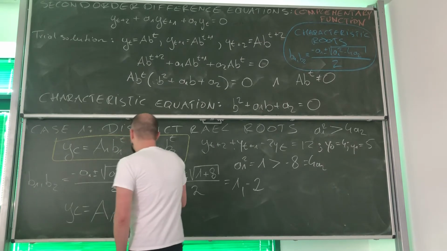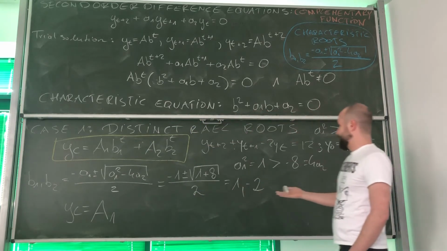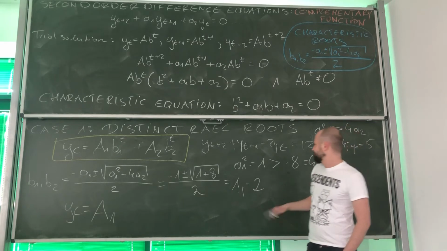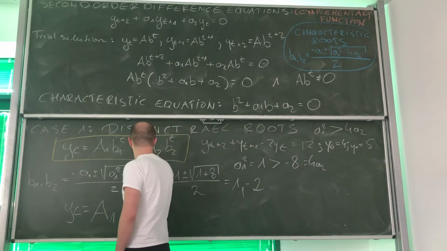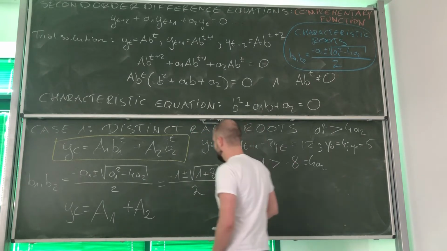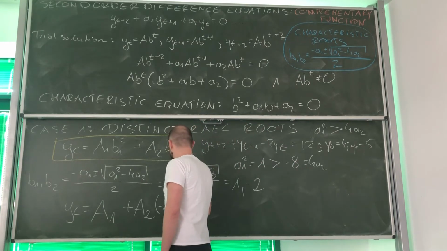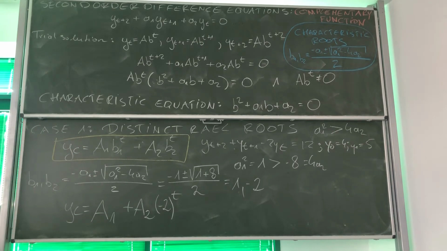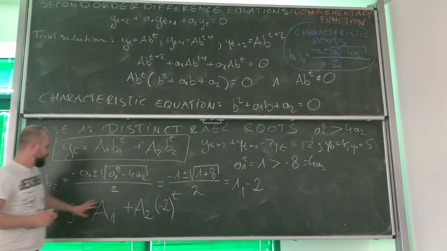Okay, we can just leave it as A1, right? Because 1 to the power of t, this is it. And then we just get A2 times negative 2 to the power of t. Right? That wasn't that bad.